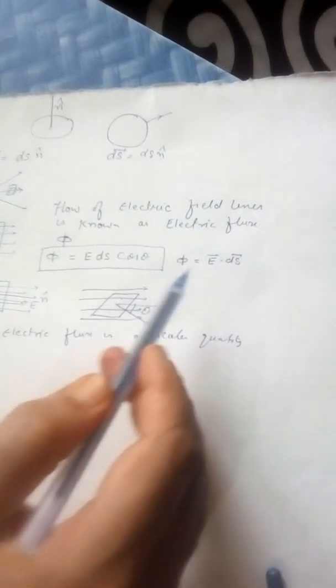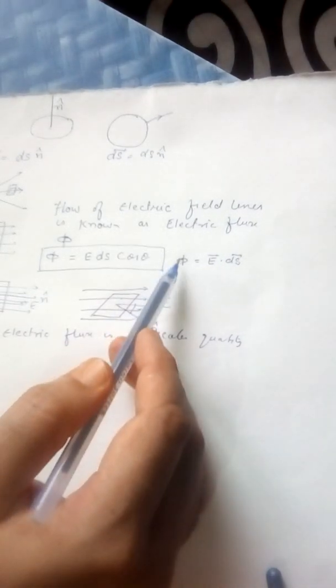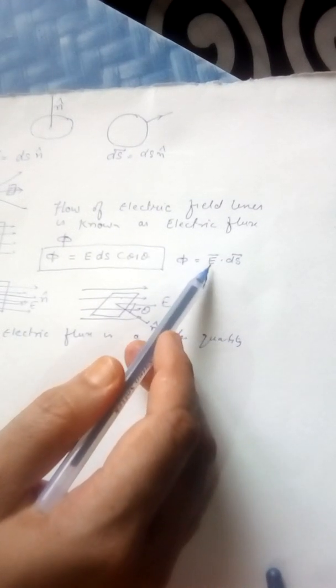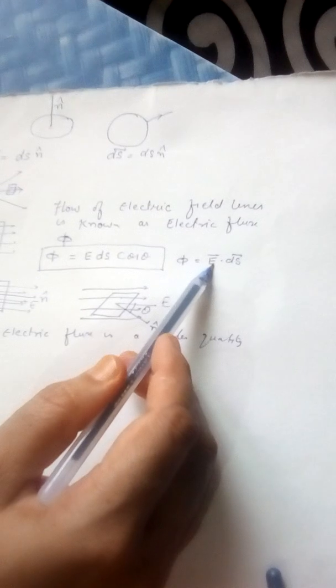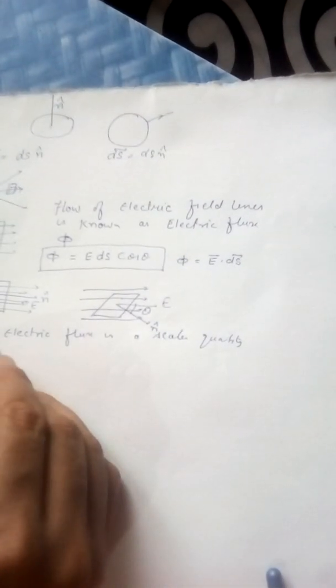You have learnt in class 11 that the dot product of two vectors is a scalar. From this formula also you can see the dimension or the unit I am finding. You can find the dimension yourself. What is the unit of electric flux? SI unit.